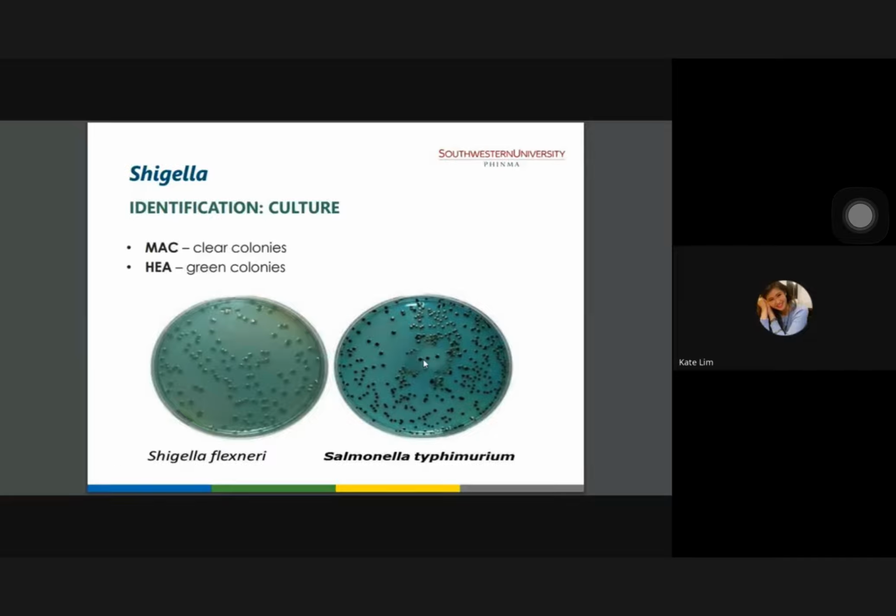Black centers indicate that the bacteria can produce hydrogen sulfide. Shigella cannot produce hydrogen sulfide, therefore upon inoculation in HEA, we cannot observe black centers around the Shigella. Okay, so that would be your Shigella.